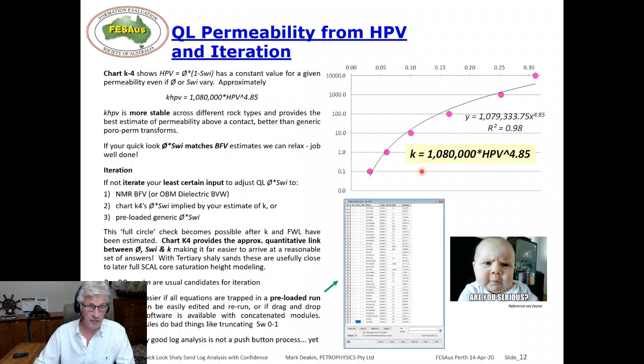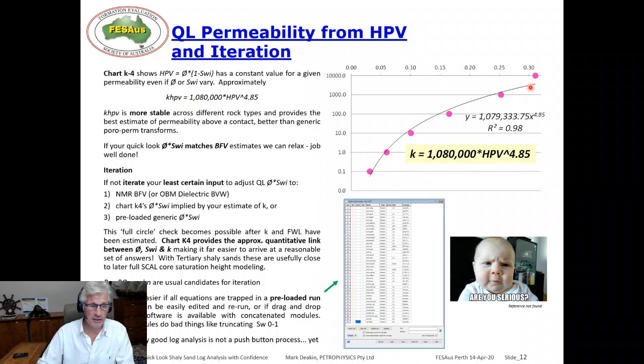This is one of these strange things that I don't know why this is not more famous. This little chart here is very simple and very, very useful, and I don't know why it's not more widely talked about. There is a relationship from that chart which is usefully accurate in many, many wells. There is a relationship between hydrocarbon pore volume and permeability, and that is that curve.